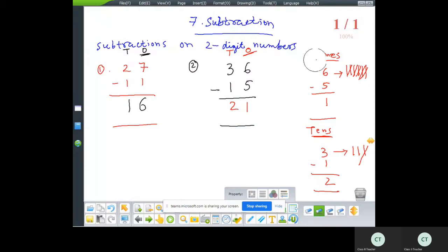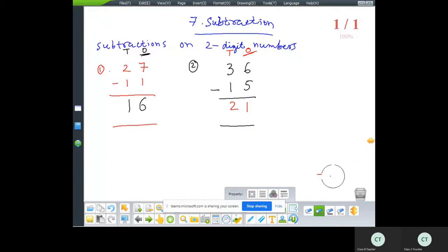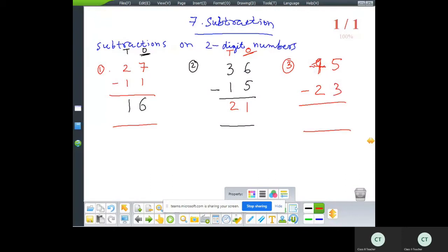Now, question 3. 45 minus 23. Write place values, ones and tens.